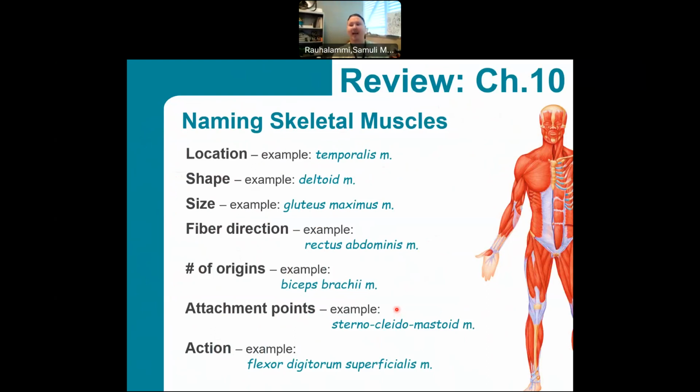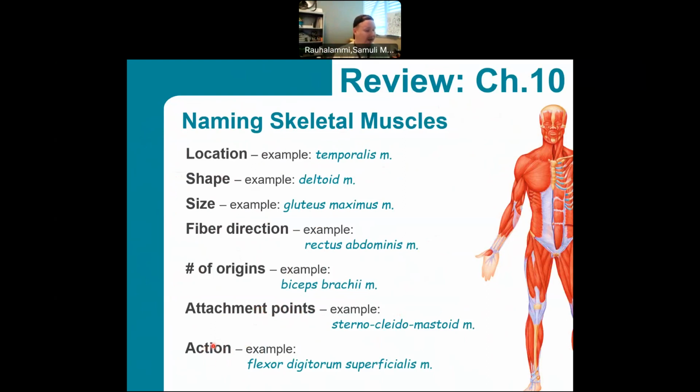That tells us that this muscle attaches at the sternum, at the clavicle, and also at the mastoid process, forming this shape at the level of the neck. So 3 important attachment points that we're already getting simply by looking at the muscle's name.